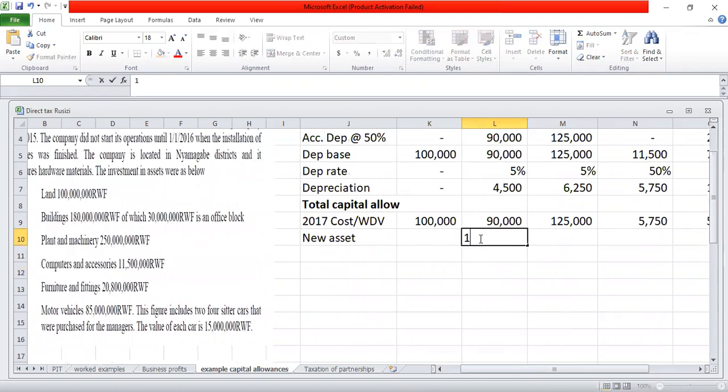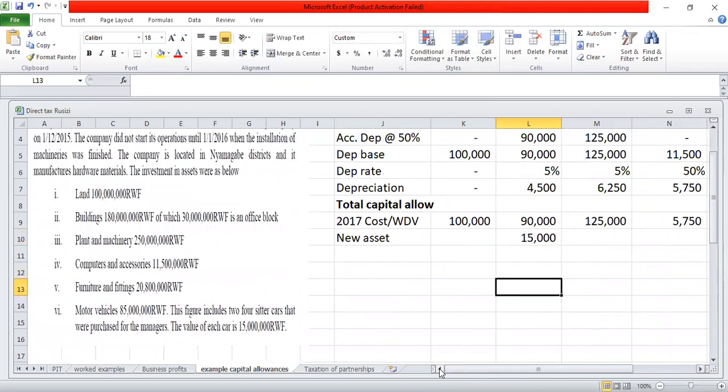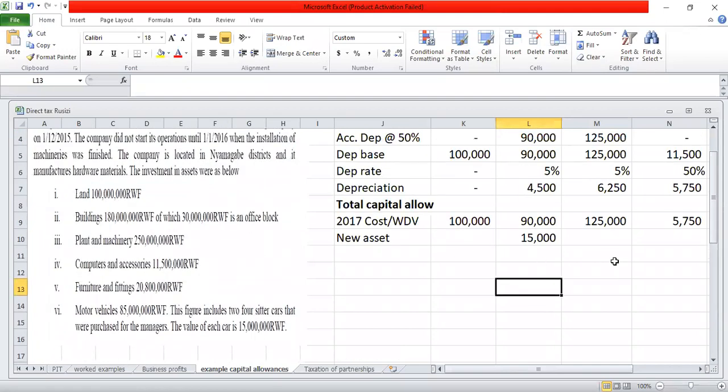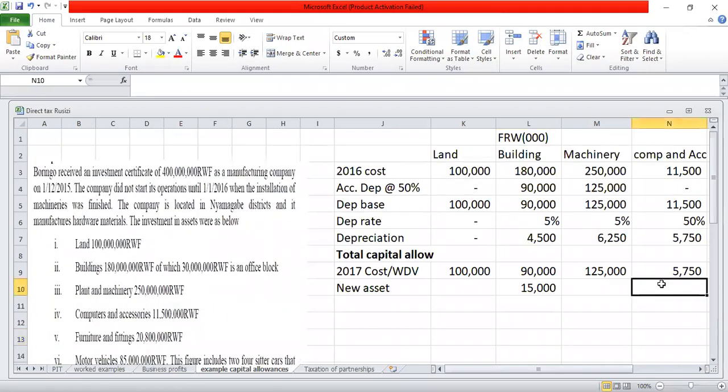That is here 15. Then I have the new asset. I have furniture. Let me take this extension of building, that furniture, then a computer and accessories 3.5. I have here 3.5.